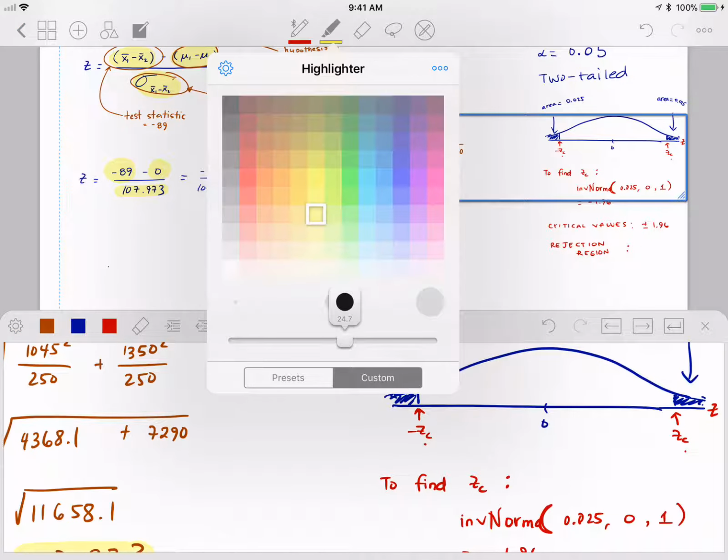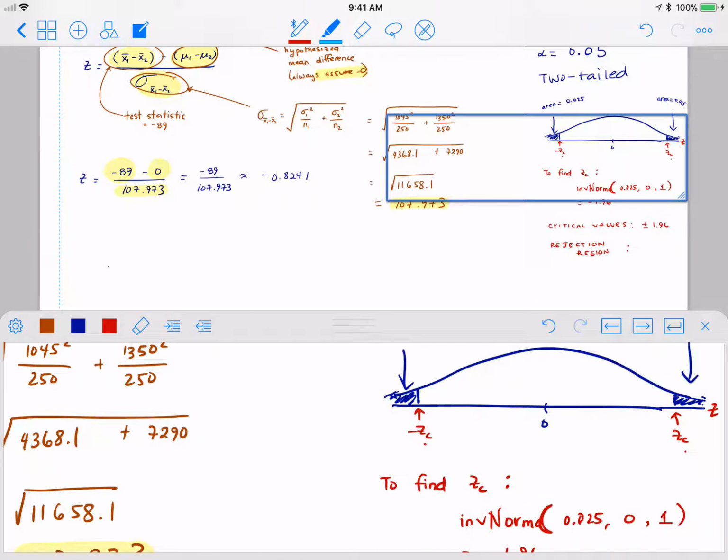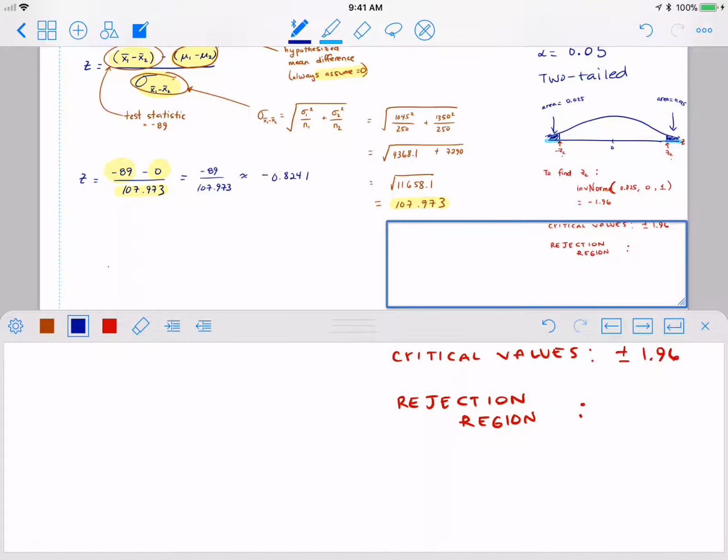So here in the picture, we would have our rejection region as any values down here and any scores up here, right? Any scores less than negative 1.96 and any scores greater than 1.96. So the way we write that is negative infinity to negative 1.96 union 1.96 to infinity.